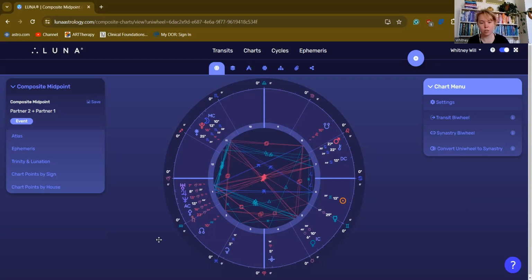Partner one and partner two were Capricorn rising, so the relationship itself becomes a Capricorn rising with the ascendant at the midpoint between their two ascendants. The moon is at the midpoint between their two moons. One of them had the moon in Libra, the other one had the moon in Sag. They come together to have a moon conjunct Pluto in Scorpio.